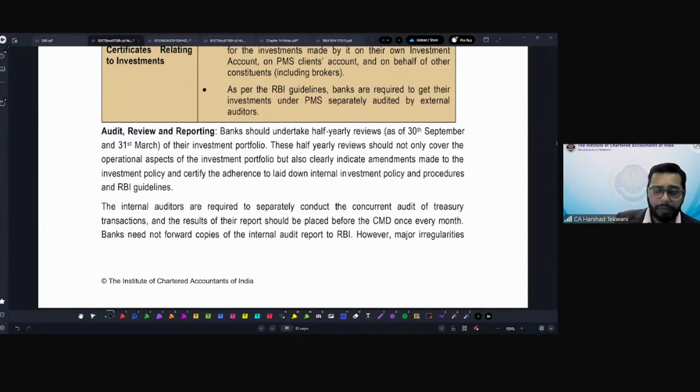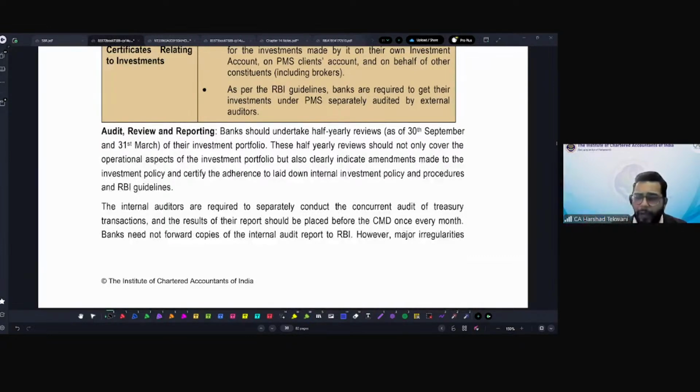So you have the standard, substandard, then you have doubtful, and you have loss assets. Okay.